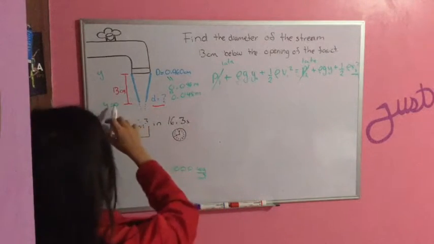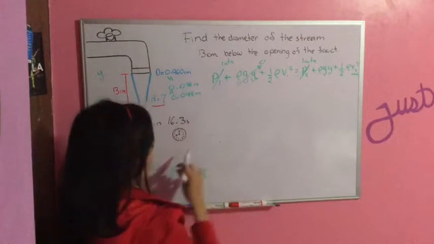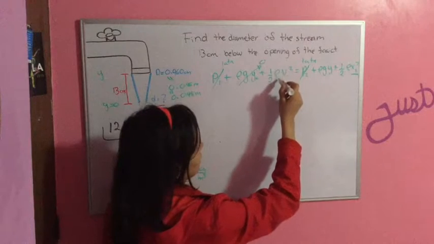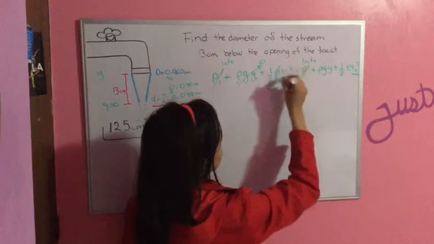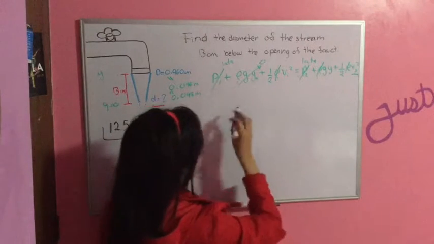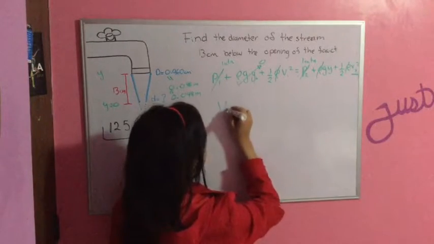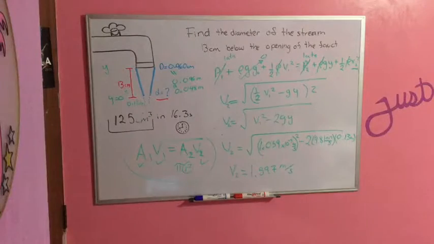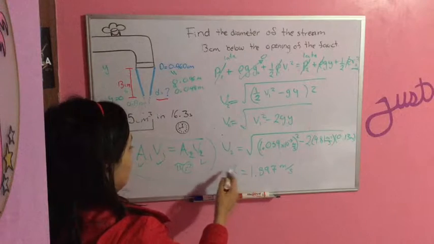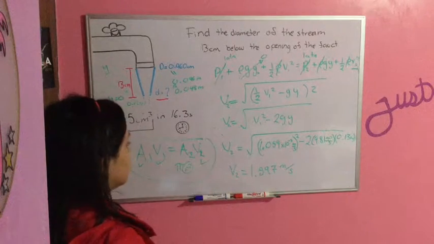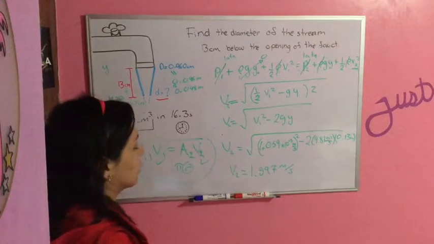Since this is the lowest point, we can assume that this part equals 0. You can notice that since we have the density in every term on both sides of the equation, we can cancel that out too. So we only get this part and we only have to isolate B. And we got 1.597 meters per second. Now we only have to substitute the value in this equation in order to have the radius and then to get the diameter.